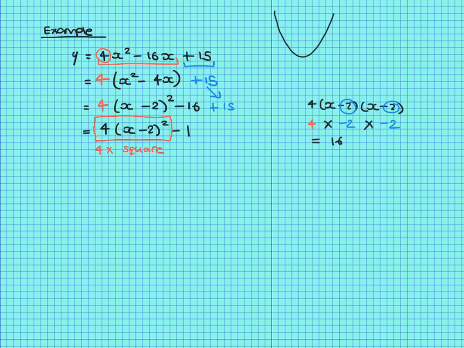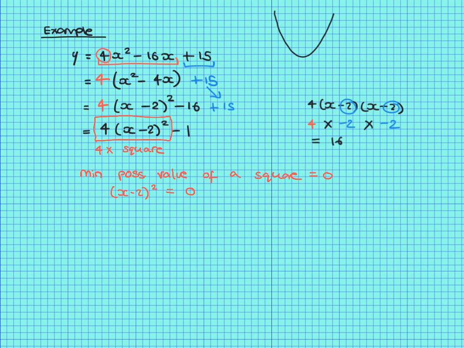So it's 4 times a square. So we know that the minimum possible value of a square is equal to 0. So the lowest possible value of x minus 2 all squared is 0, and multiplying by 4, as I said, does not affect this, because if x minus 2 all squared equals 0, multiplying that by 4 will still give us 0.